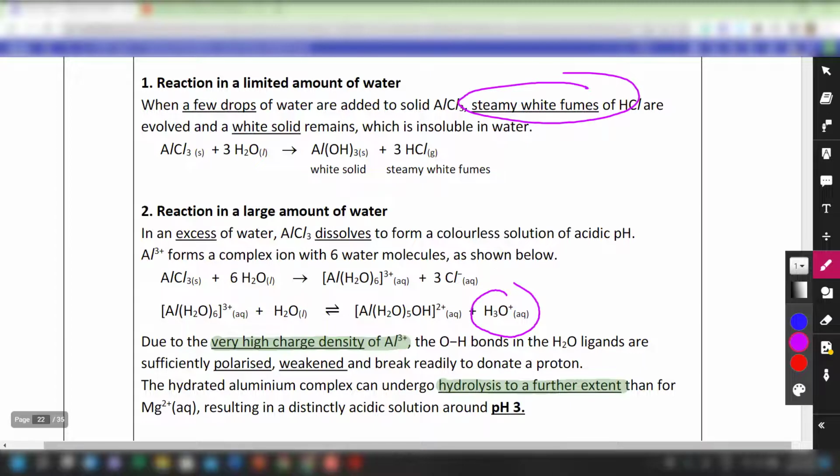Yep, so I hope you enjoyed the video. So remember that with a limited amount of water, you are going to get solid aluminium hydroxide with steamy white fumes of HCl. With excess water, you are going to get the Al3 plus being formed because it's able to undergo complete hydrolysis. You will probably not be able to observe the white fumes of HCl.